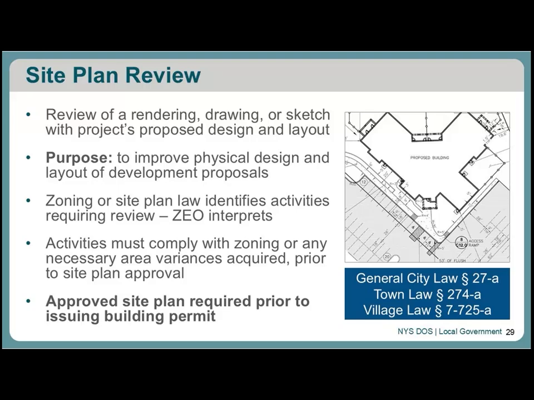And all aspects of zoning must be complied with in terms of the proposed land activity prior to issuing an approval for a site plan review. So if something within the project does not meet zoning, then variances would need to be sought and approved prior to approving that site plan review and allowing that project to move forward.